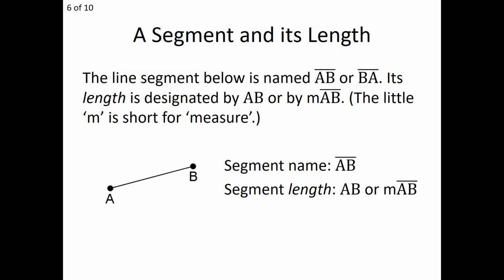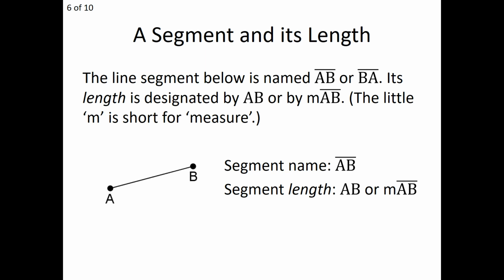But here's the bold statement: every line segment has a measure. Every line segment has a measure. What I'm really saying is that I can determine a length for every single line segment. That's a pretty bold statement, and I will be able to back it up in another lesson this chapter.